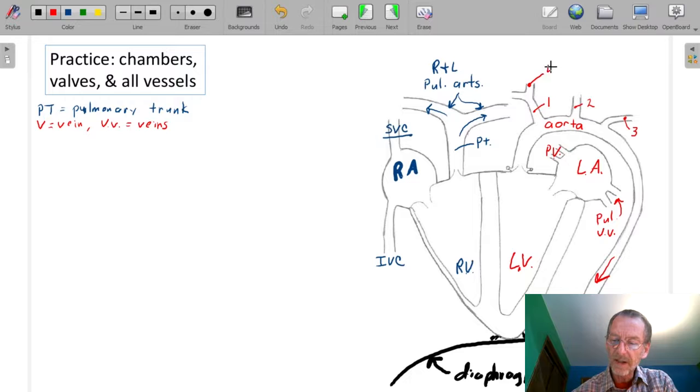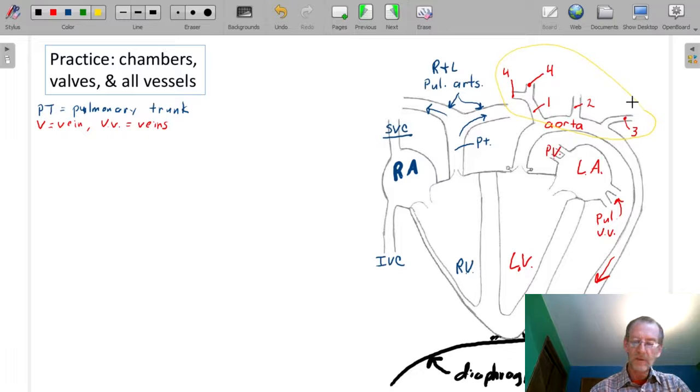So let's identify number 4 and number 5. This pattern, this picture here, you should learn. You need to identify those blood vessels off of the aortic arch. They're on models. I believe they're shown on the learner models as well.